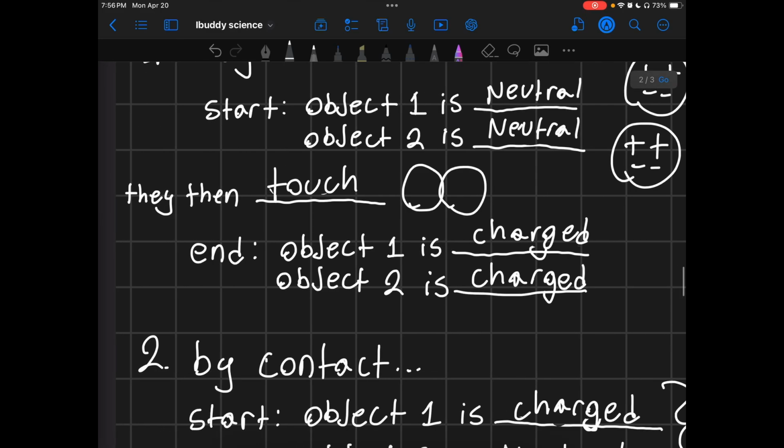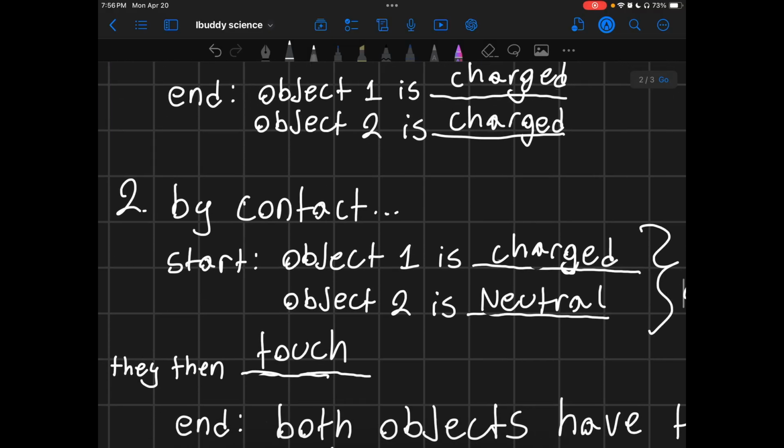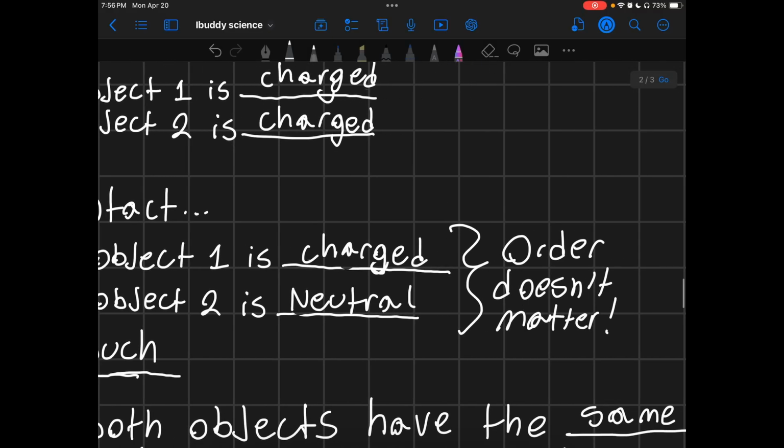The next method is charging by contact. At the start, object one is charged, so there might be more electrons than protons, and object two will be neutral, with the same amount of electrons and protons. For this one, I meant electrons and protons, not neutrons.